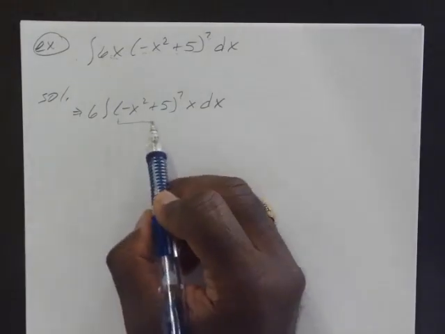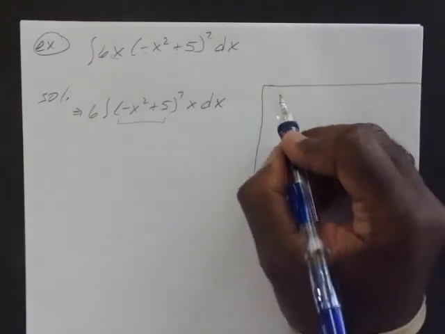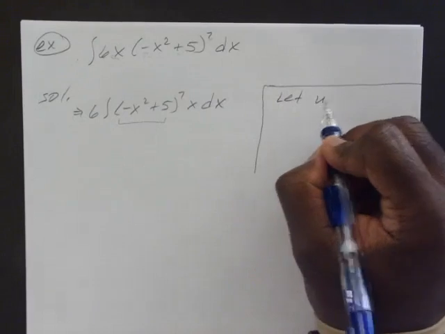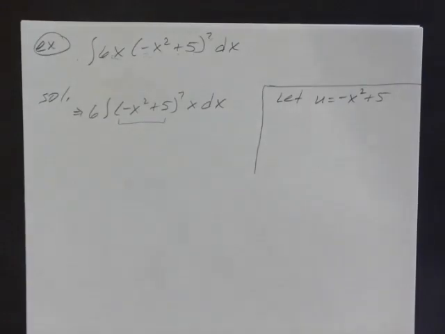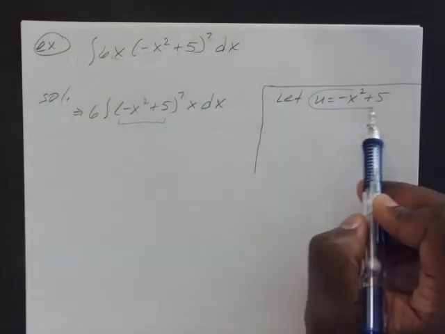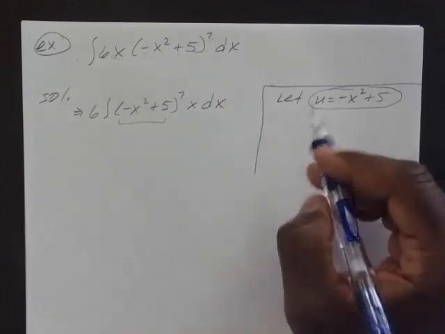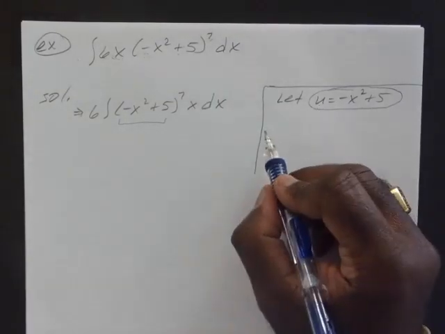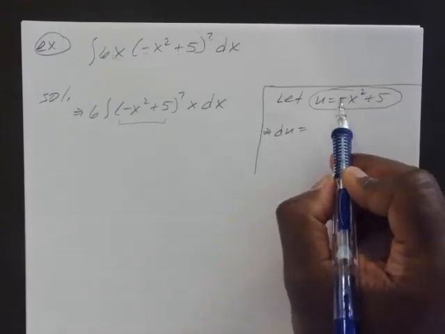Okay. So for this problem, I'll just mark this over on the side. We're going to let u equal negative x squared plus 5. Okay, so we're going to need that, so let's circle that so we can come back to it. Which means if we found the derivative of u, that's equal to the derivative of negative x squared.